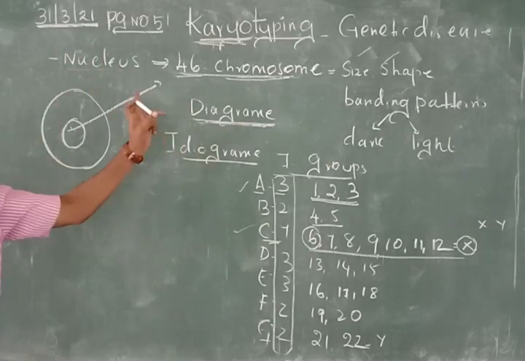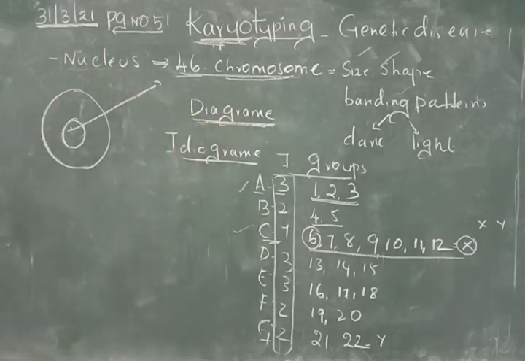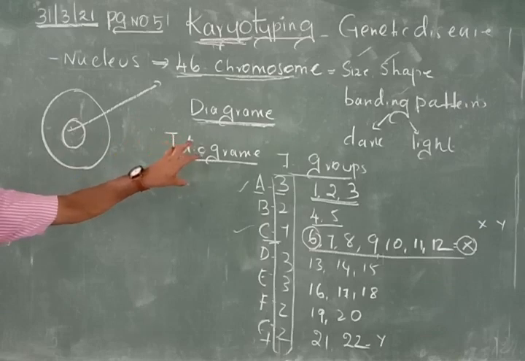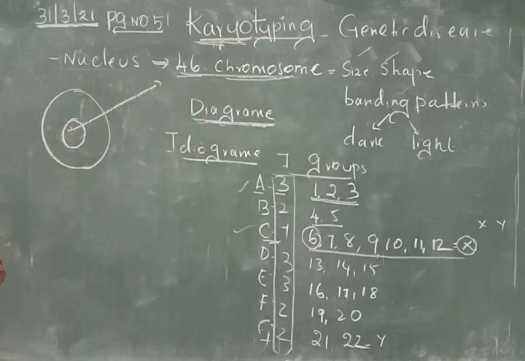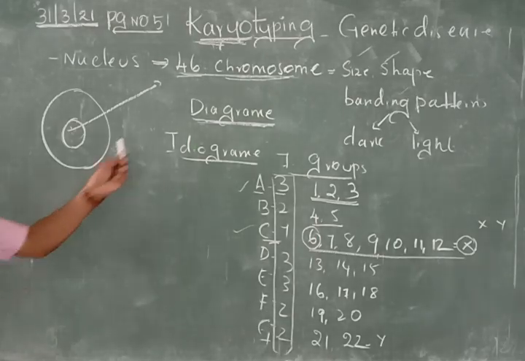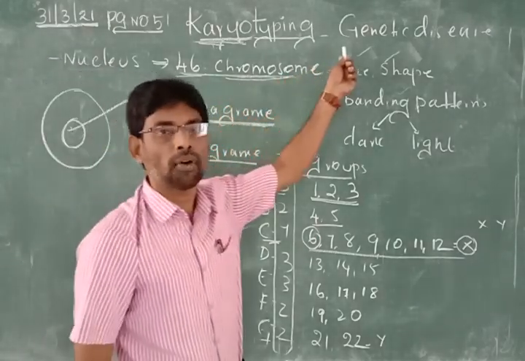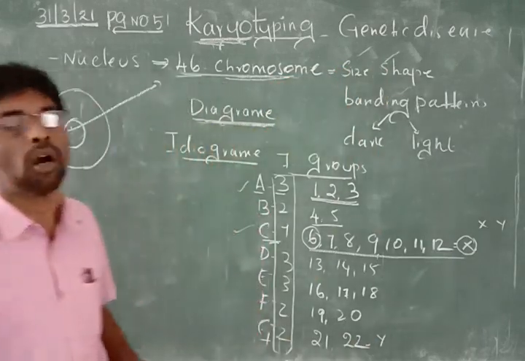Based on this, we are arranging the chromosomes in the form of an ideogram, or a diagrammatic representation of the chromosomes. Clear? I'll just come back once again. So far we are discussing karyotyping. Karyotyping is done for examining the chromosomes in order to find out any genetic diseases or disorders.